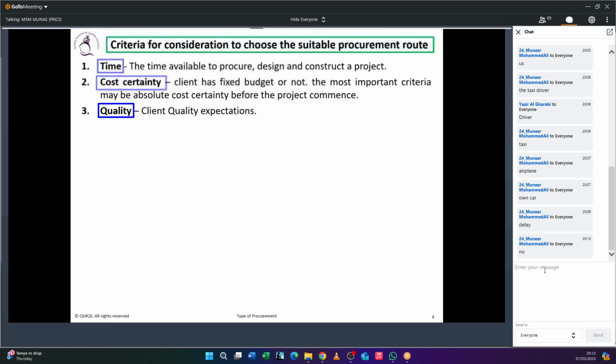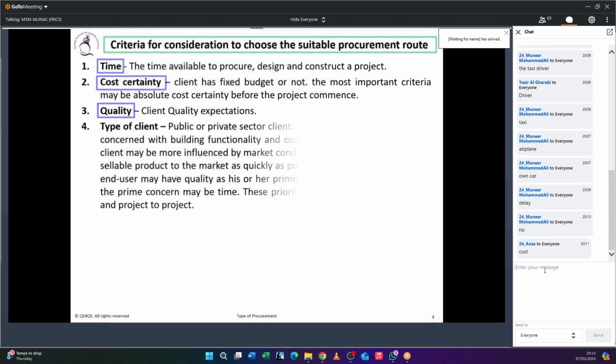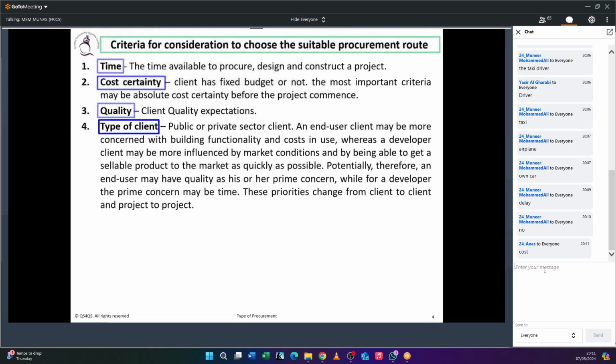When the quality increases, what will increase parallelly? Cost will increase, definitely. So do you have enough money? Budget is another factor. And the type of client: the mentality of the private sector and the public sector or semi-government are different, so accordingly this will impact.